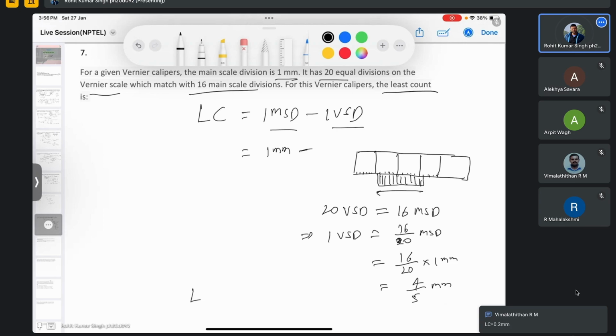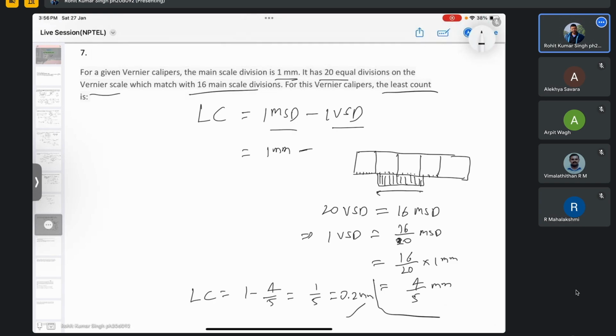And the least count will be 1 minus 4 by 5, which is 1 by 5, 0.2 mm. Okay, that's easy. So this is how you can calculate the vernier scale division.